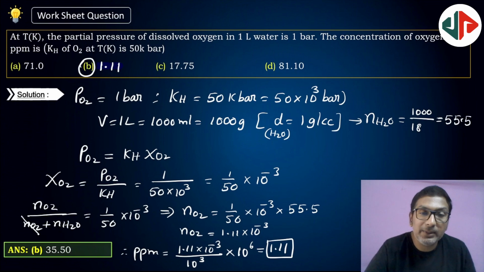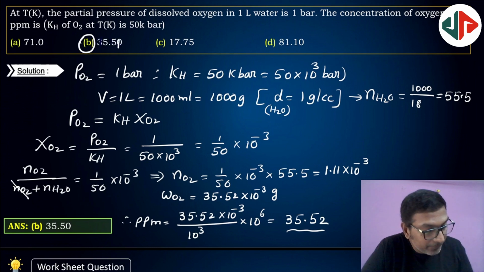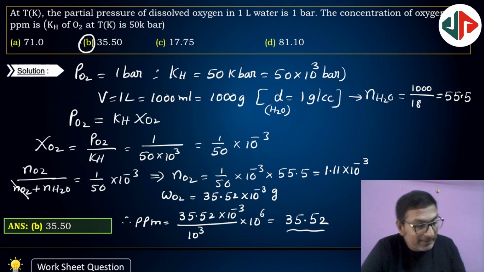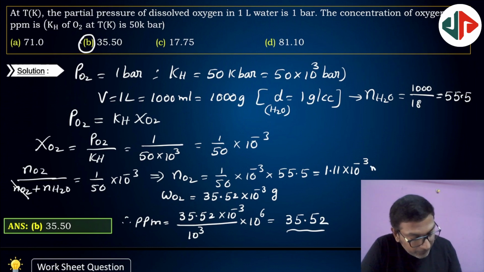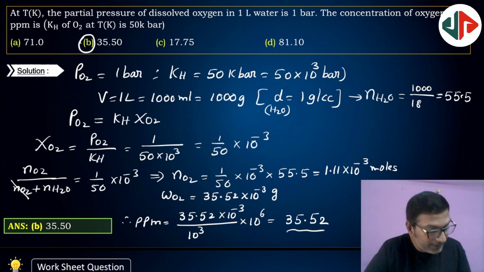Weight of solute, that means number of moles. So once check here. Number of moles of O2, we got 1.11 into 10 power minus 3. Here it is moles, so convert it into weight. Therefore weight of O2 equals number of moles into molecular weight 32.